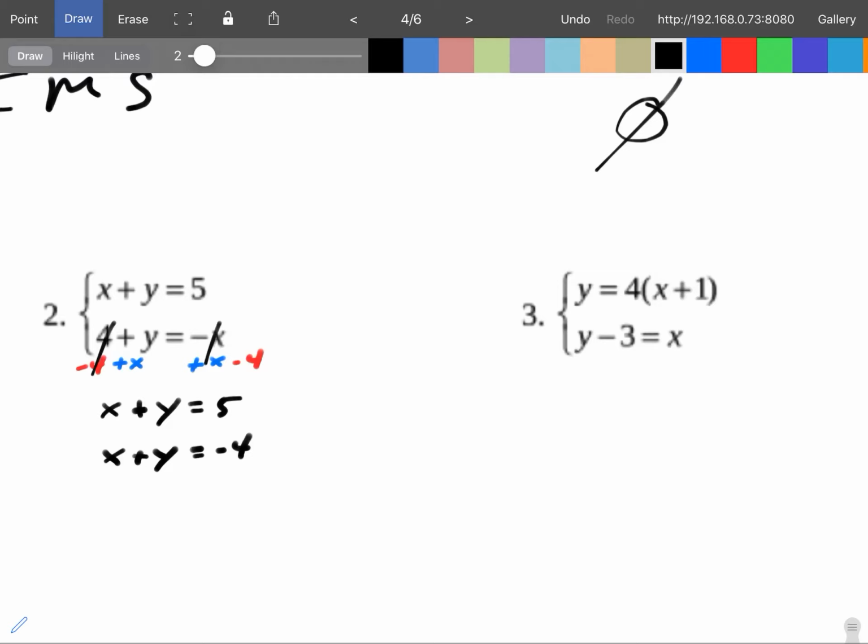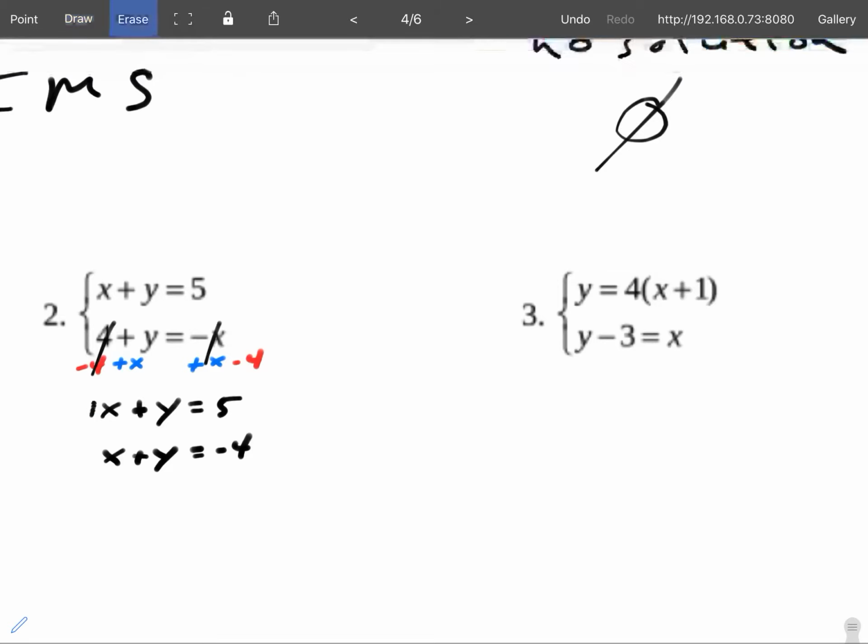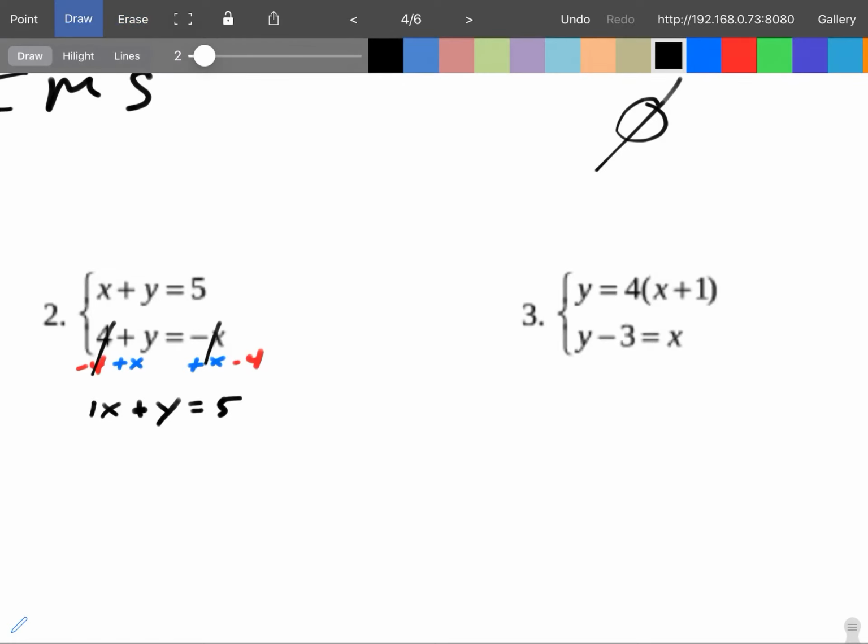And now if I want to do elimination, like let's say I want to get rid of the X's. Well, if this is a 1x in the top equation, then below that I want it to be a -1x. So I'm going to multiply the bottom equation through by -1. It was X plus Y equals -4.